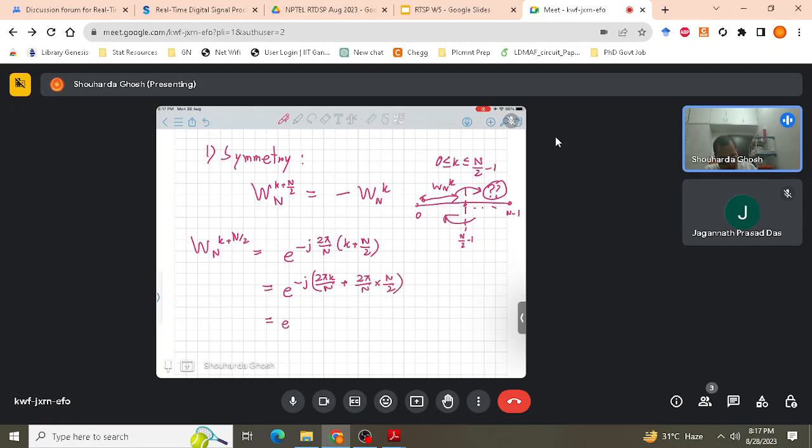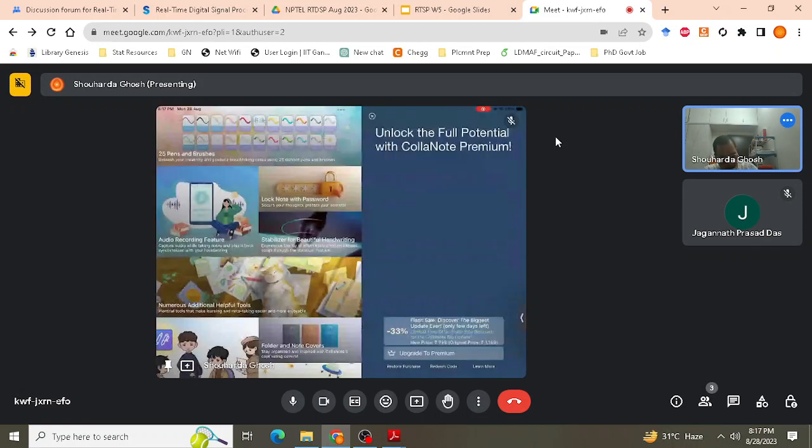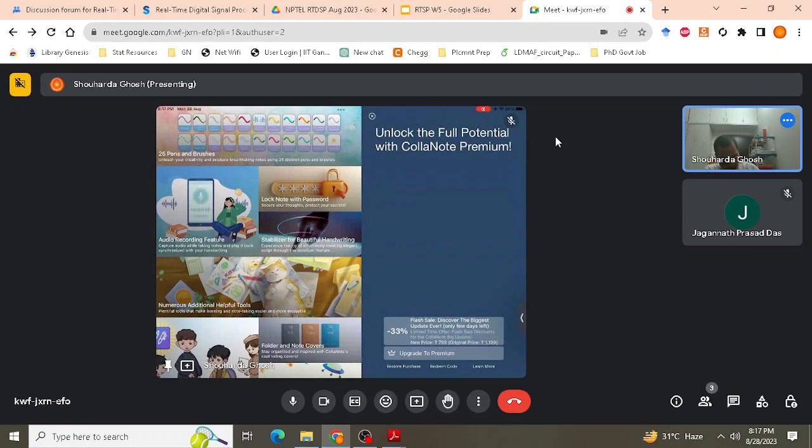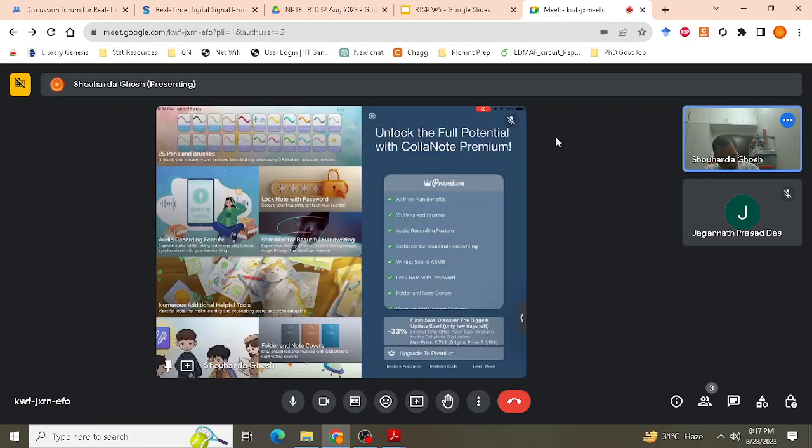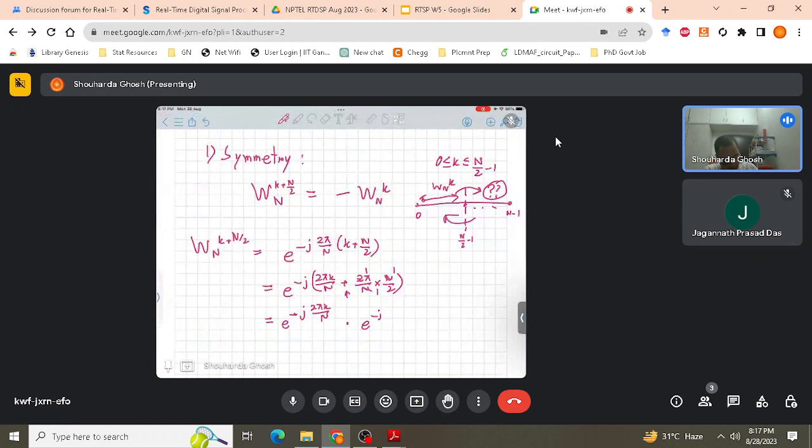Now if we evaluate it further, e to the power minus j 2 pi k upon n, and since there is a plus symbol over here, I separate the exponents, e to the power minus j, and then they cancel each other, and we get e to the power minus j pi.